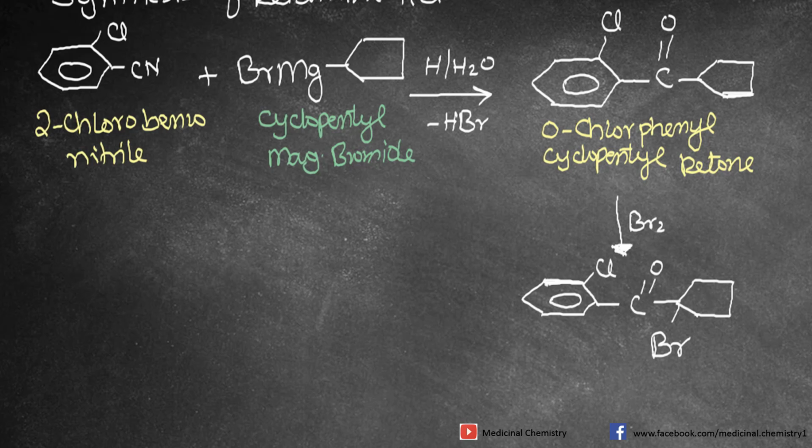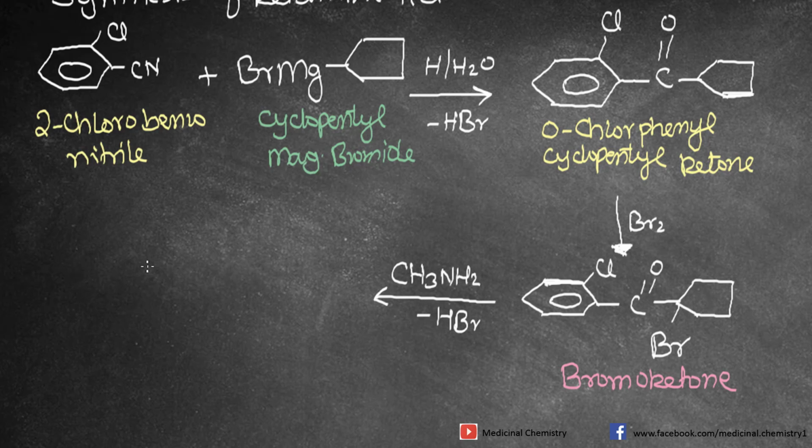It is the derivative of orthochlorophenyl cyclopentyl ketone, but because of the bromine we term it bromoketone. Then this bromoketone undergoes a reaction with methylamine, CH3NH2, with the removal of HBr.